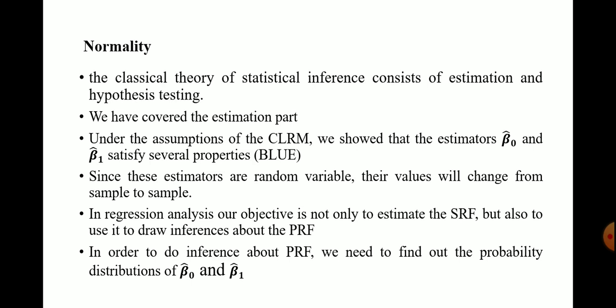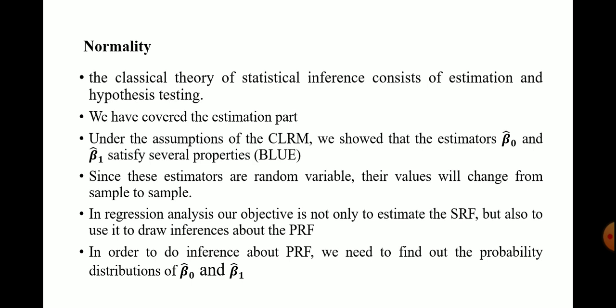So far, in the couple of previous classes, we have discussed how to find out the values for beta cap 0 and beta cap 1. This part is known as the estimation part. But classical statistical inference consists of both estimation as well as hypothesis testing.